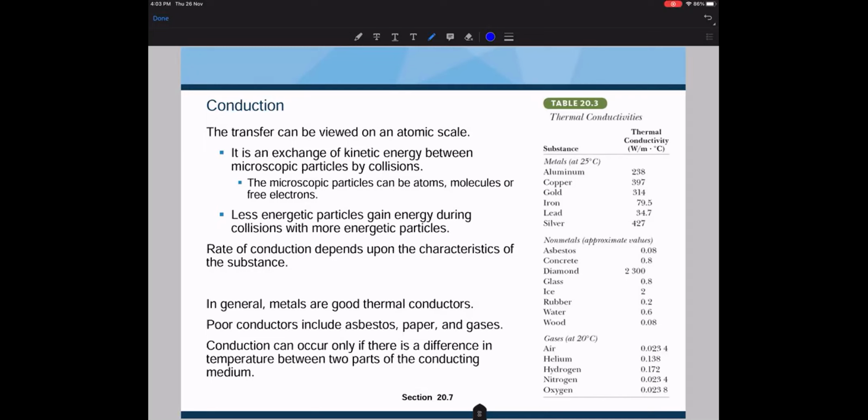And in general, solids are much better thermal conductors of heat energy compared with gases or insulators, because in some solids like metals, apart from the atoms, they have mobile electrons, which can help to bring around the kinetic energy.